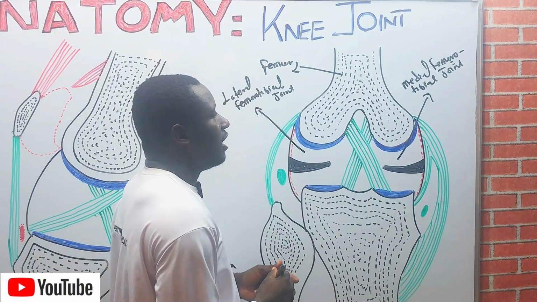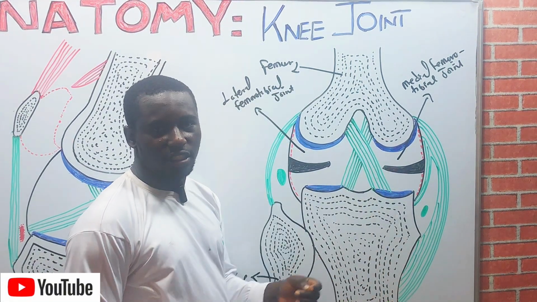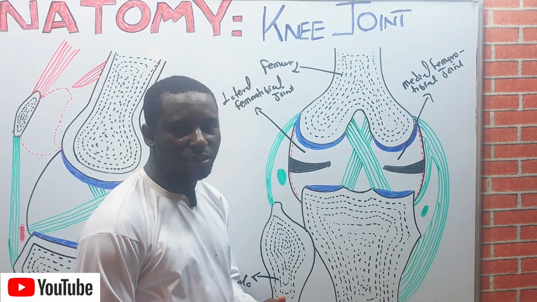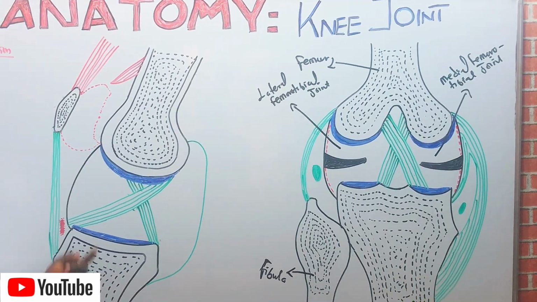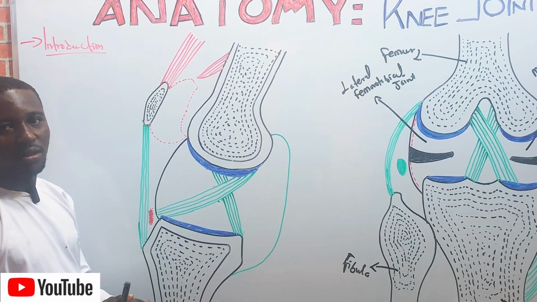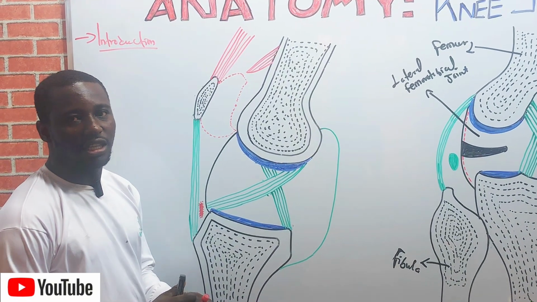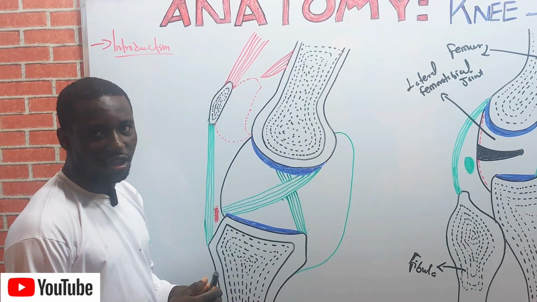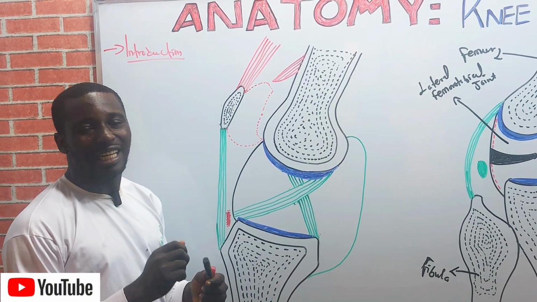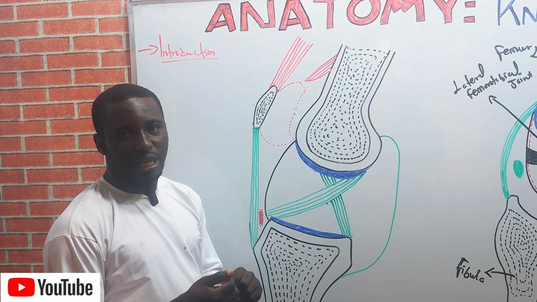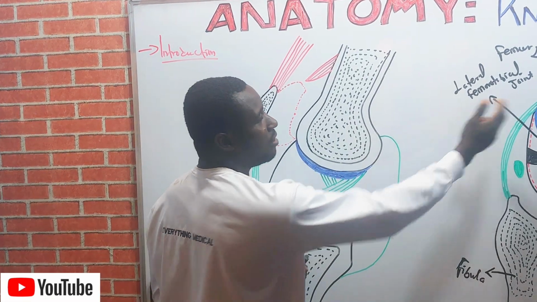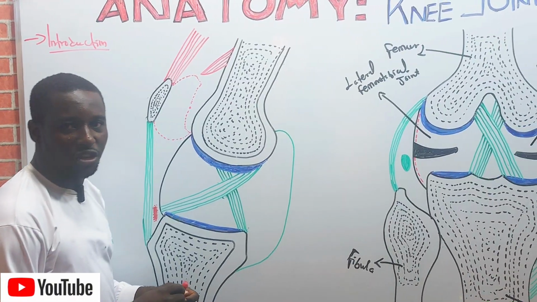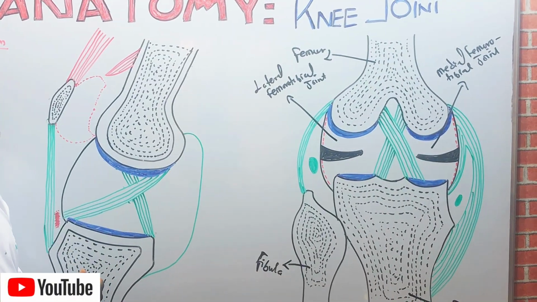So these are the joints that form the compound articulation of the knee joint, inclusive of the patellofemoral joint, which is a saddle joint. That means we have the condylar joints, which are the lateral and medial femorotibial joints, and the saddle joint, which is the patellofemoral joint.